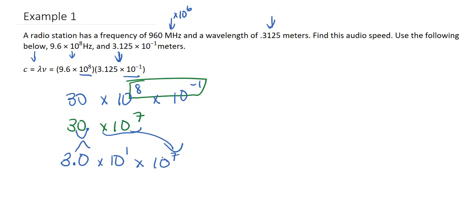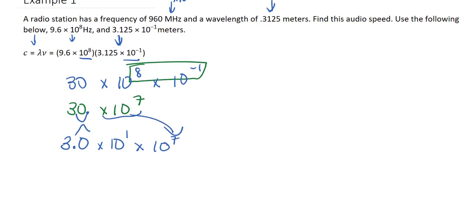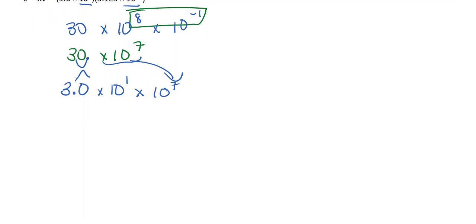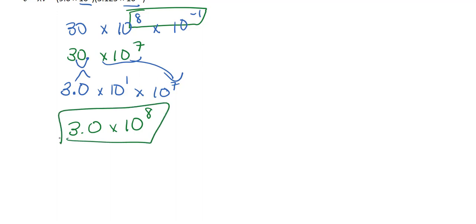Now we have the same base, so we just add our exponents. So our answer becomes 3.0 times 10 to the 8th power, because 1 plus 7 is 8. And now we can use this as our C for the following examples, because we found the speed of light, which is 3.0 times 10 to the 8th. When you look this up, notice we rounded for this.